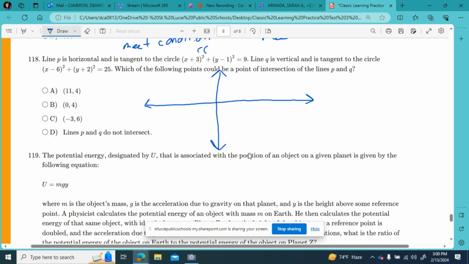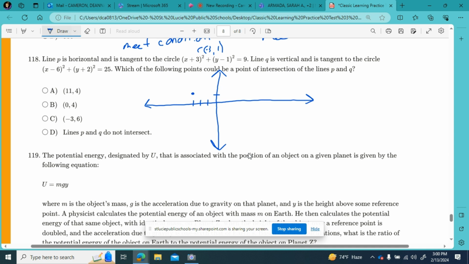So the center of this circle would be at x is negative 3 and y is positive 1. So 1, 2, 3, up 1 is the center of this circle.